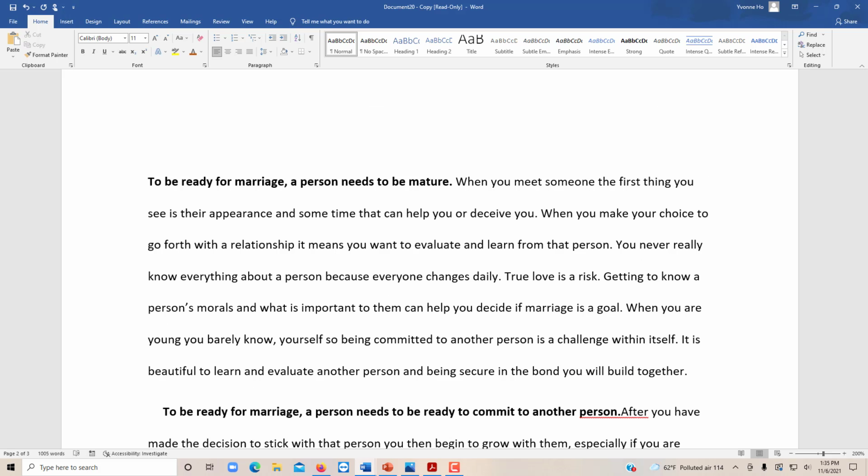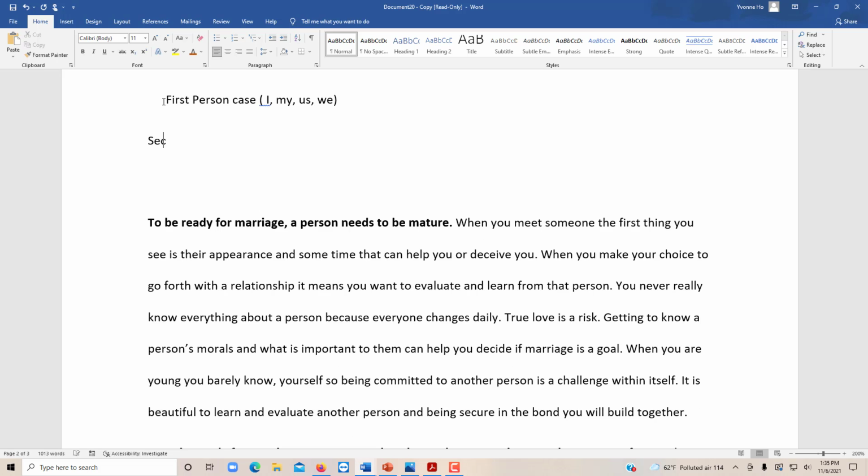So first, there are three kinds of subject pronouns. First person case is when you're talking about yourself: I, my, us, we. Second person case is when you're talking to someone: you and your.